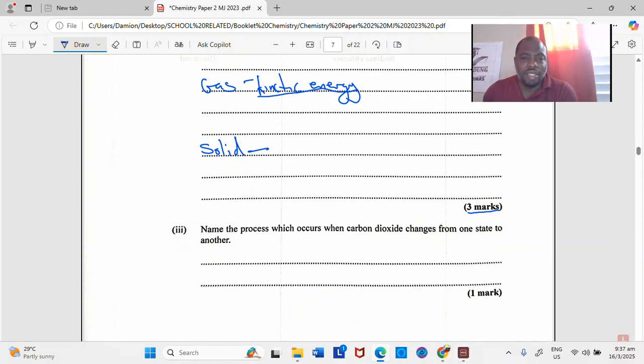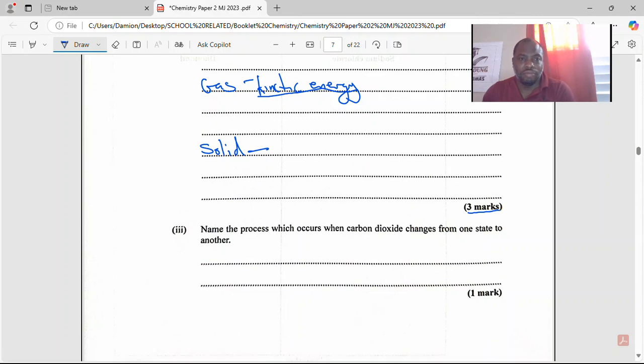It says, name the process which occurs when carbon dioxide changes from one state to another. Sir, sublimation. Wonderful. What is sublimation?